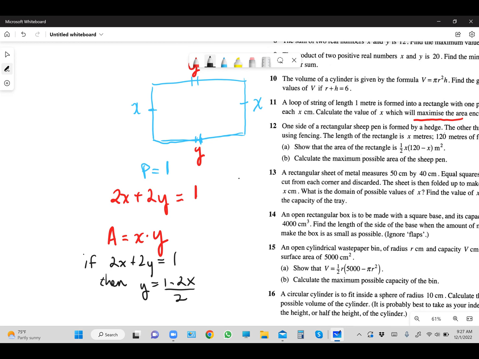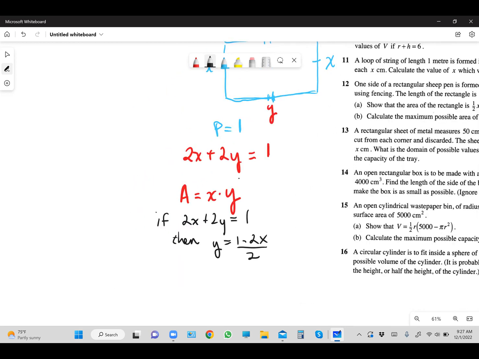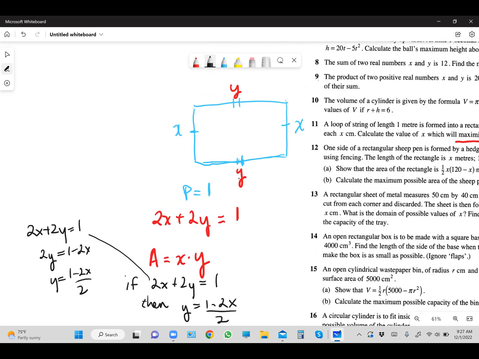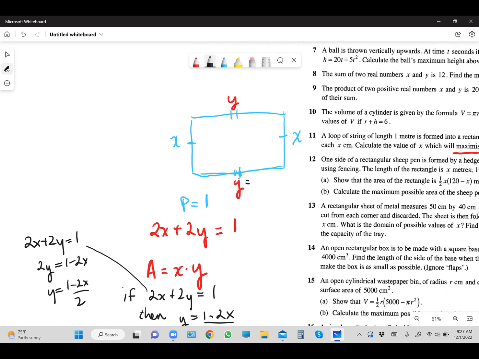Over here, 2x plus 2y equals 1. I subtract the 2x: 2y equals 1 minus 2x. I divide by 2. Y equals (1 minus 2x) divided by 2. So therefore, we can state this has to be, which makes sense.